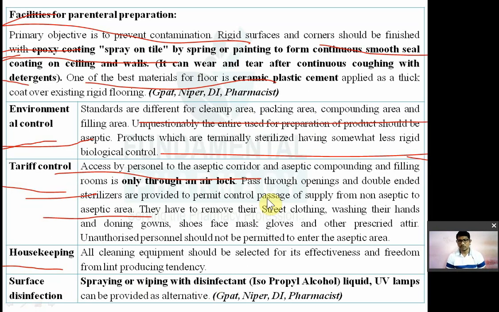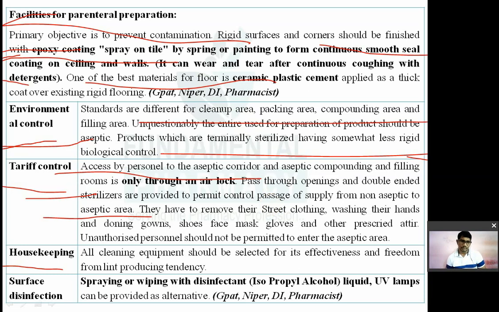Whatever dress you are wearing, whatever apron, whatever gown, the cap you wear there, that gown should be lint free. What is lint? Lint means threads. If I take a cotton shirt or a cotton dress, a few tiny threads come out, very minute, sometimes not even visible to the eye. Those minute threads are known as lint. So whatever gowns are there in the industry, they are made from lint-free cloths, no threads will come out of them.